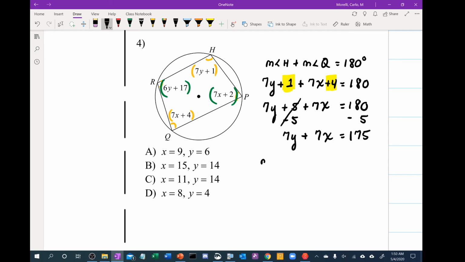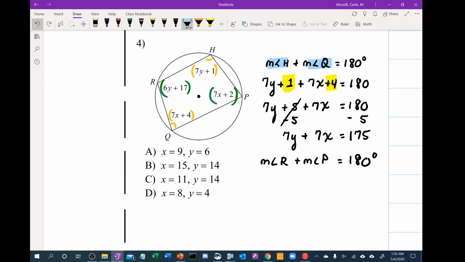So we say here the measure of angle R plus the measure of angle P equals 180 degrees. You see that when you add all of them together, H, Q, R, and P, if these equal 180 and these equal 180, together they have to equal 360, which makes sense.